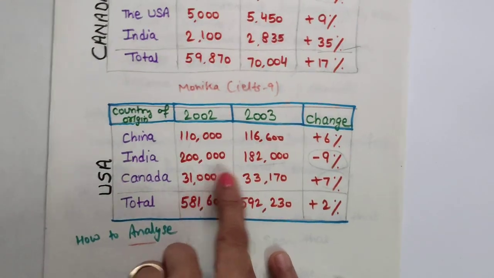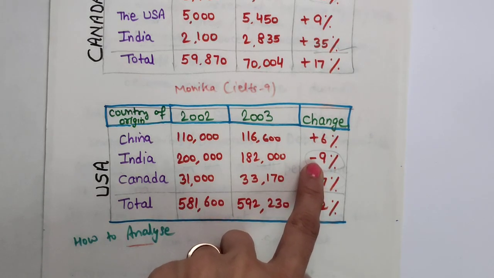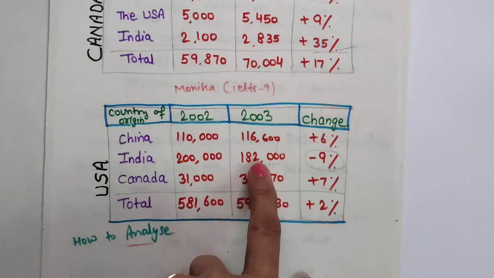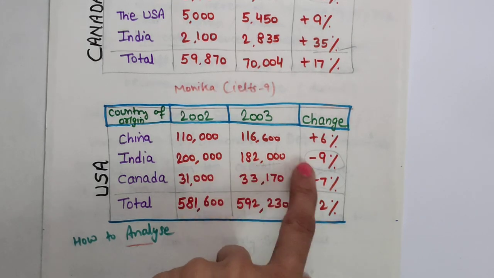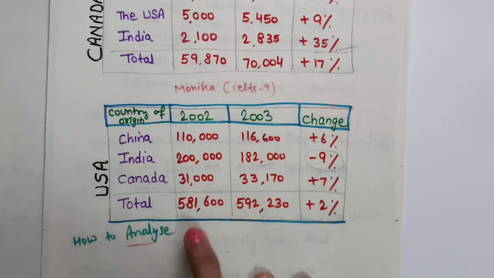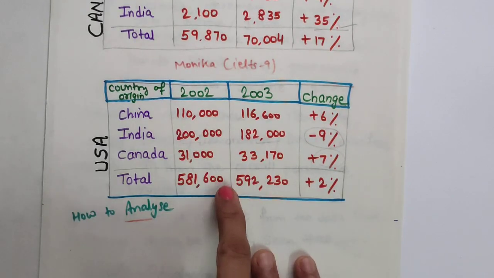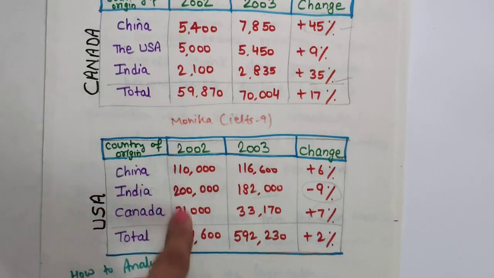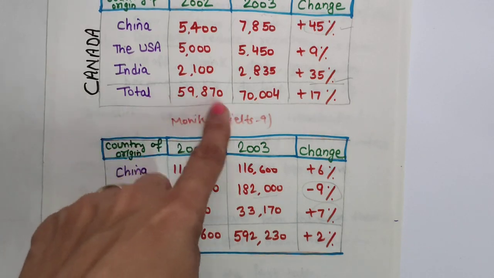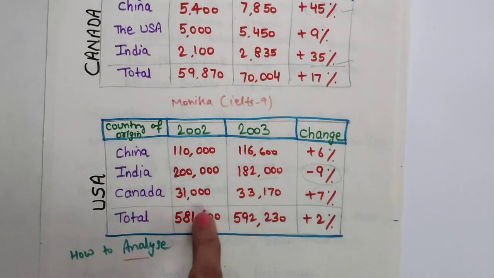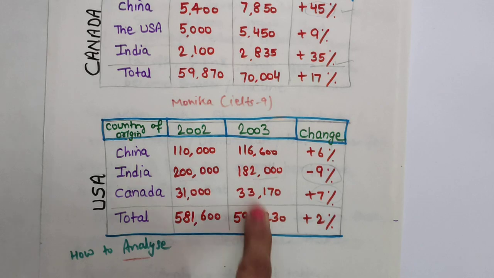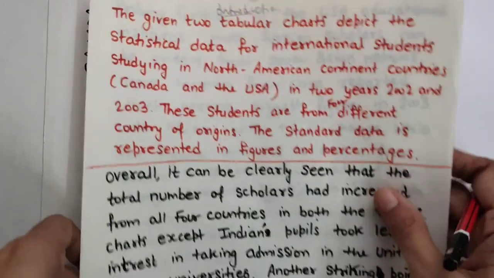In the second table, the negative percentage is the more striking point for me. You can see this decline of Indian students in USA universities. Overall, if you look at both the tables, international student numbers are higher in America. So I will write my overall paragraph.